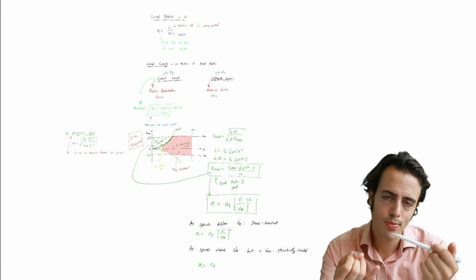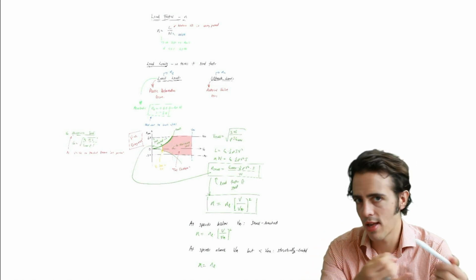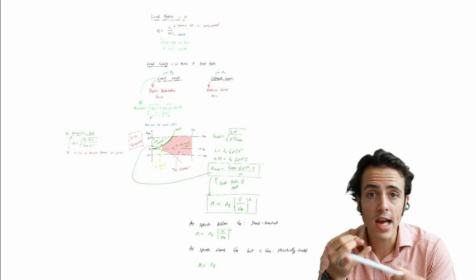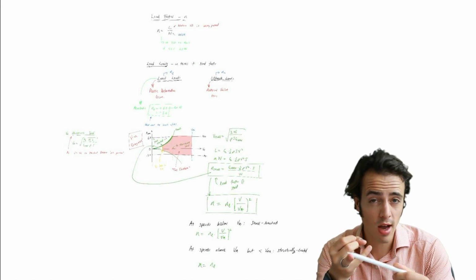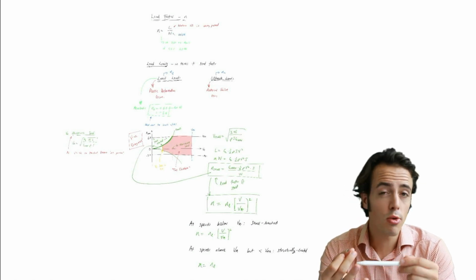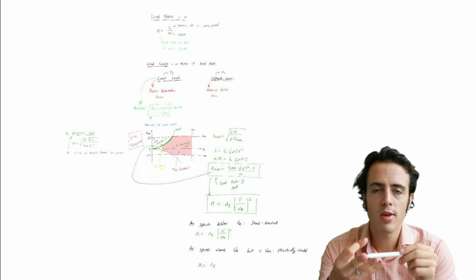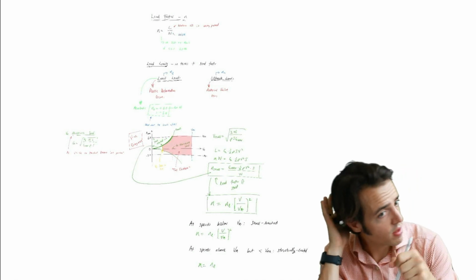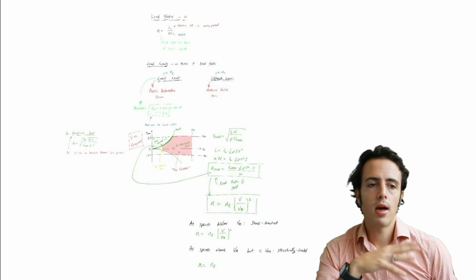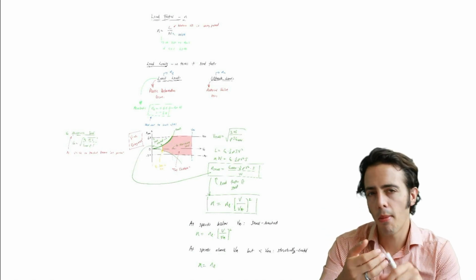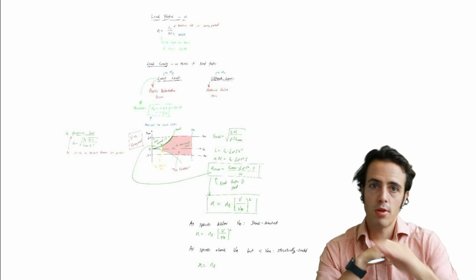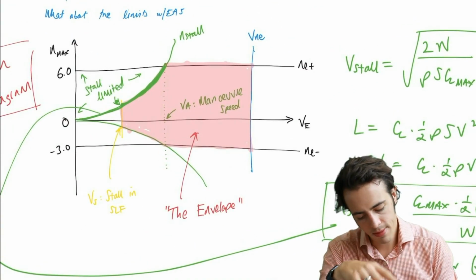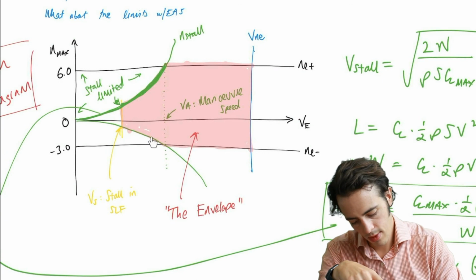If you were given NL, which is the limit load, if you were given the CL max of the aircraft, because you could then define the maneuver speed, and you could also define the stall speed, and if you were given a do not exceed speed, VNE, you should be able to produce one of these diagrams. I would also give you the CL min of the aircraft, which would help you produce that lower side of this curve. So that would help you produce this bit here, going down here.